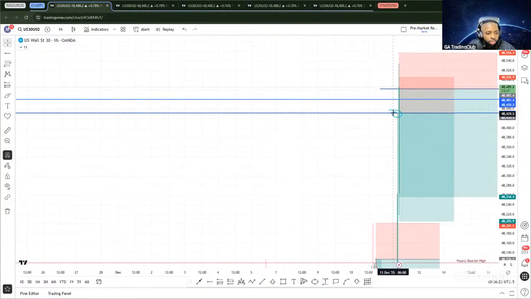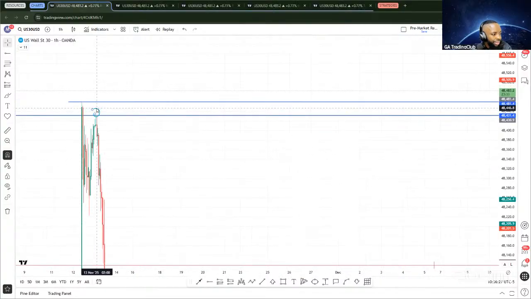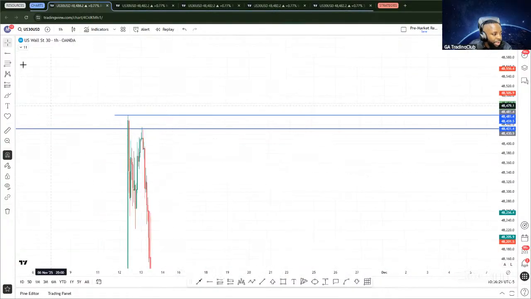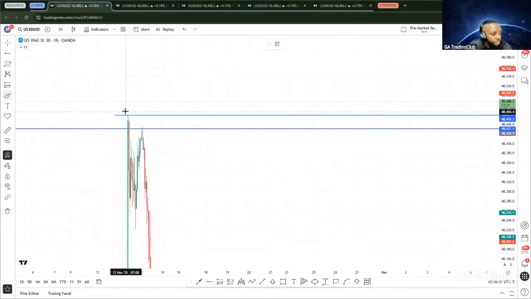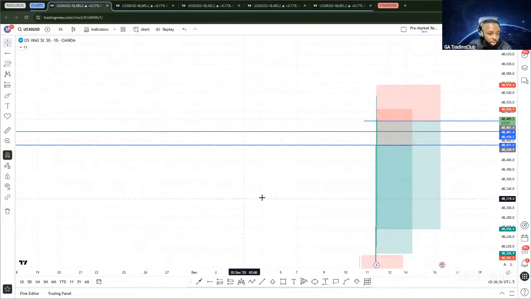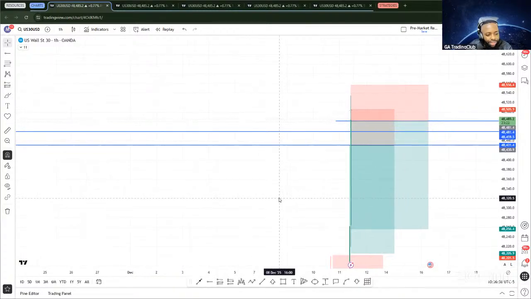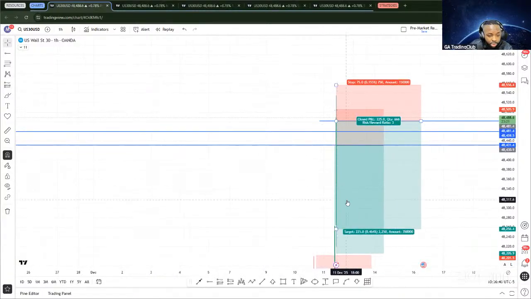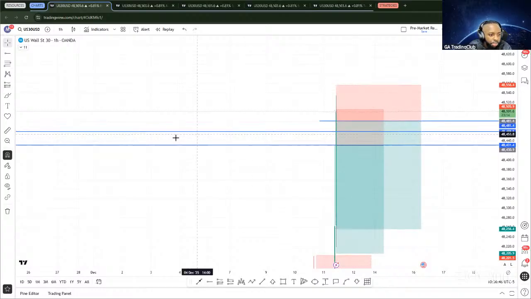Now, there is another possible setup, which is based off of the previous all-time high, which is this, which would be our first candle on the hourly time frame. And then we are looking for the second candle. Depending on how this 10 a.m. candle closes, if it closes below 48,000 before the previous all-time high, which is 48,460, that would be our second candle.